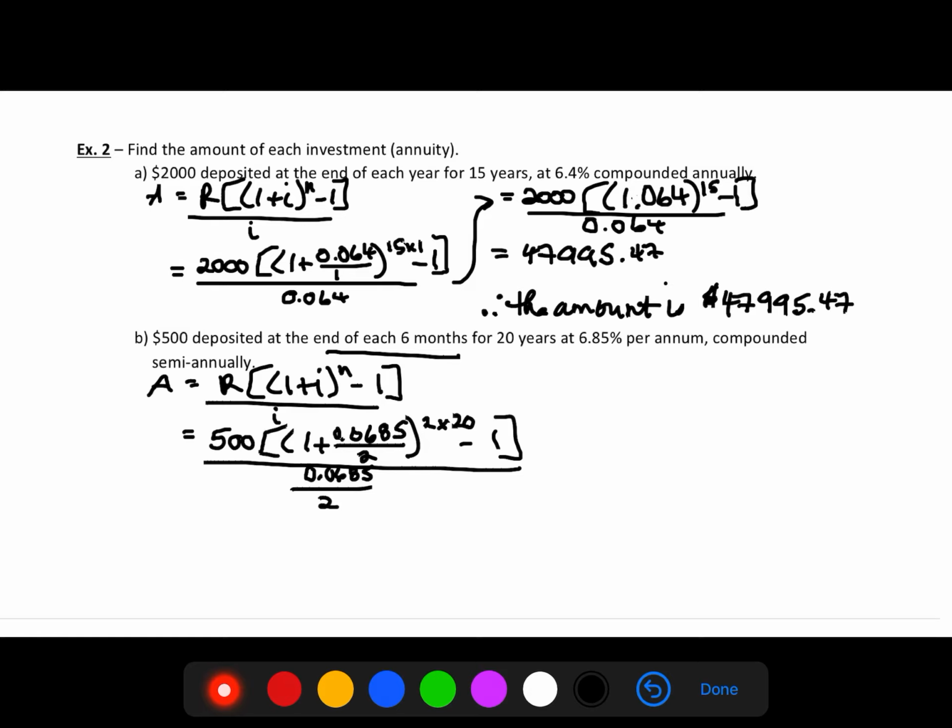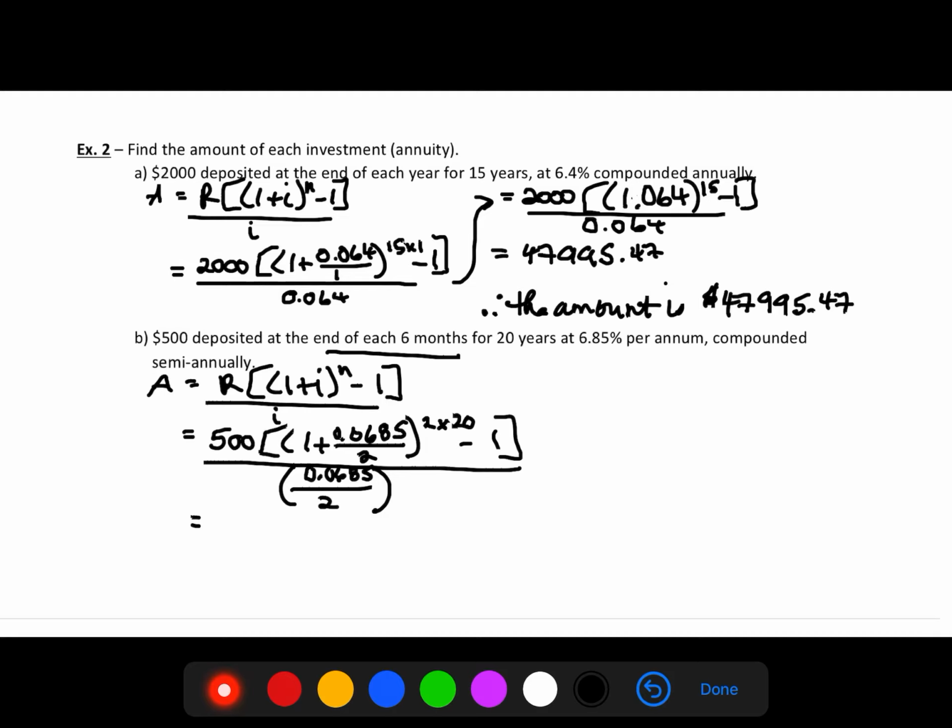Now, we can still do this all in one huge step in our calculator. We just have to be careful that we pay attention to our steps. So we're going to take 0.0685 divided by 2, equals, plus 1, gives us the answer to the inside bracket, to the power of 40 equals, then we're going to subtract 1. This gives us the answer for the big bracket.